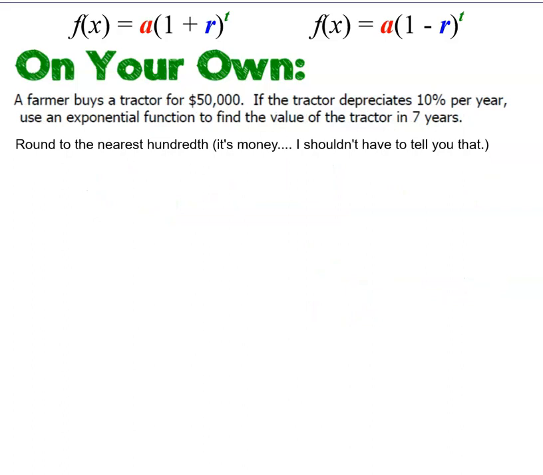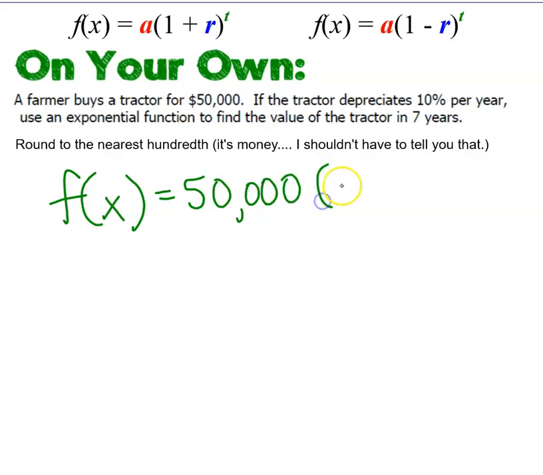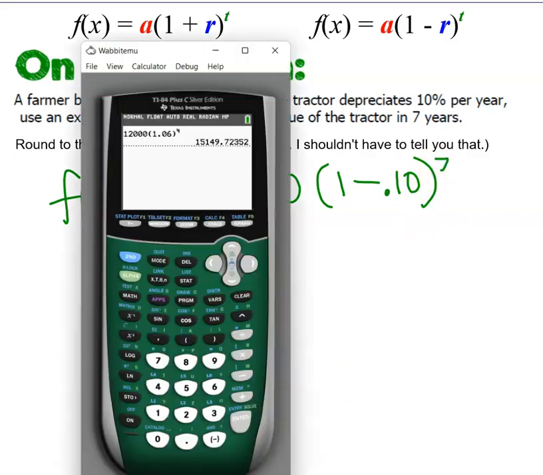Let's try another one. Pause the video and see if you can fill in these values. All right, let's take a look. I have an initial value of $50,000 for the tractor. It depreciates 0.10, and we're going to track it for 7 years to see what the new value is.